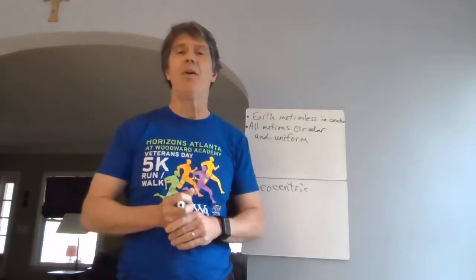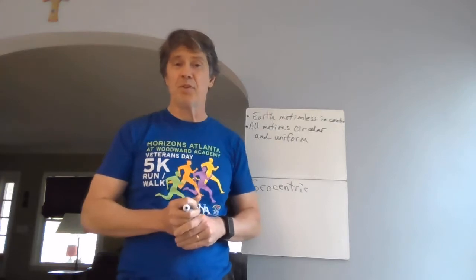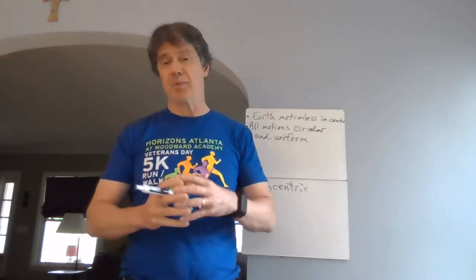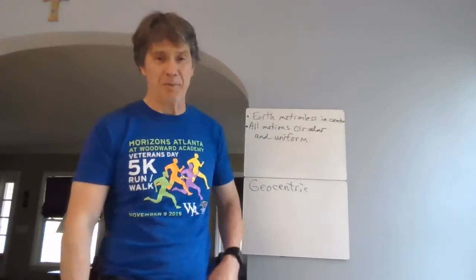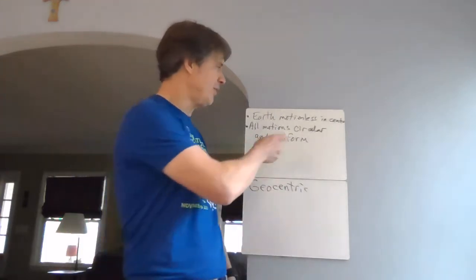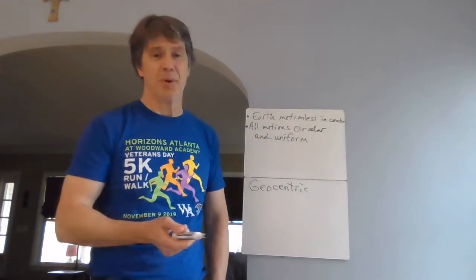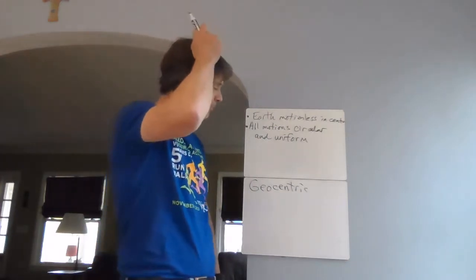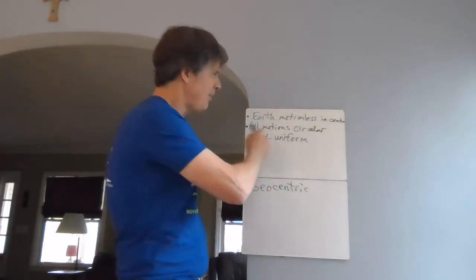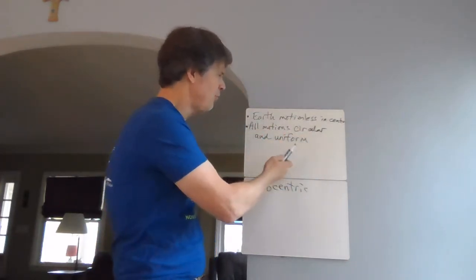And there actually were some small groups of ancient Greek thinkers who did think that the sun was in the middle. Nobody much listened to them, and they died. And we barely know that anybody ever even thought it. It got recorded. But by and large, this idea of the earth in the center is what really took off. So, yeah, Earth motionless in the center, all motion circular and uniform.